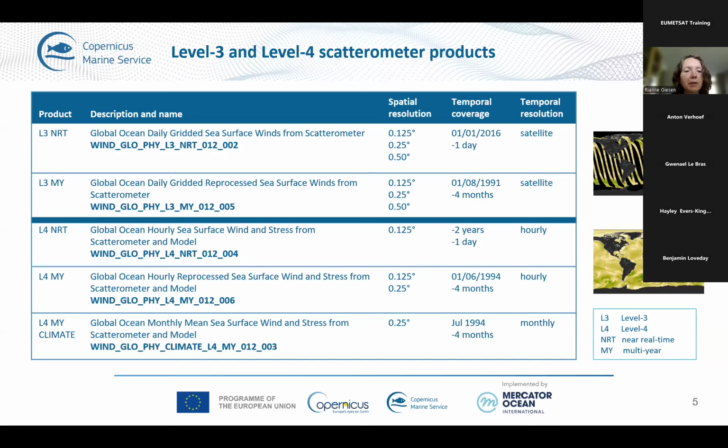The near real-time product is provided for the past 2 years, while the multi-year product goes back to 1994. And there's a monthly product as well for those users who do not need this very high temporal resolution, which also means there's a lot of data and large files.